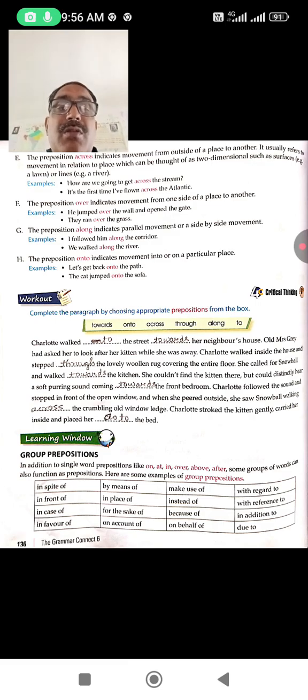Charlotte followed the sound and stopped in front of an open window, and when she peered outside she saw Snowball walking across the crumbling old window ledge. Charlotte stroked the kitten gently, carried her inside and placed her onto the bed.